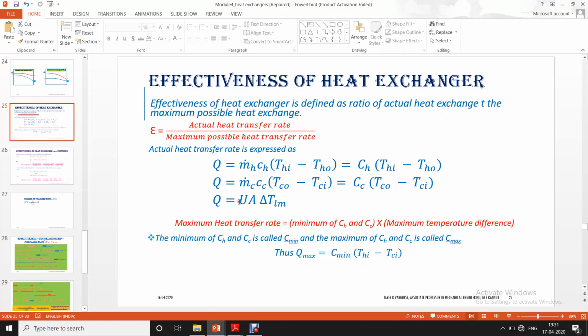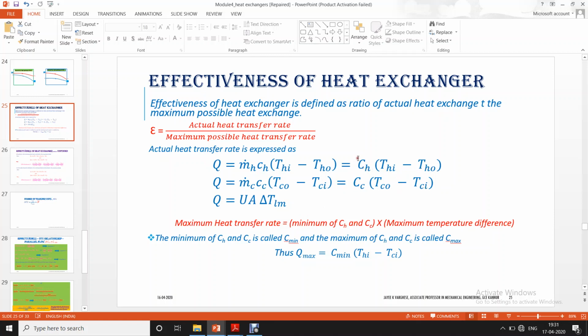Again, a third equation gives the relation connecting the heat transfer, the overall heat transfer coefficient, the area, and the average temperature difference. We call that LMTD. Now, heat transfer is equal to CH into THI minus THO, which is also equal to CC into TCO minus TCI.